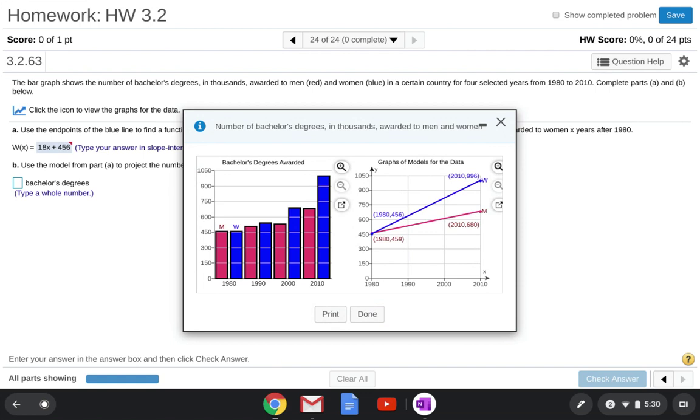We're talking about the year 2020, so you have to calculate how many years that is from 1980, which is 40. So you will make x equal 40.